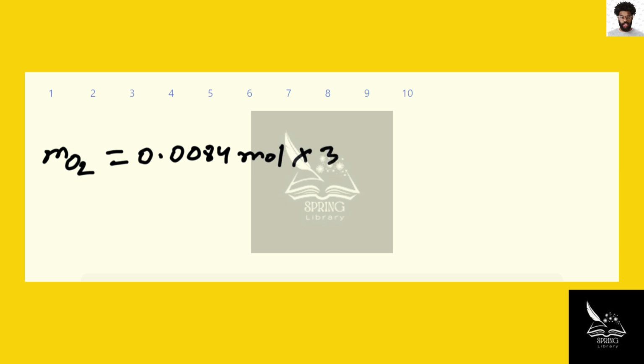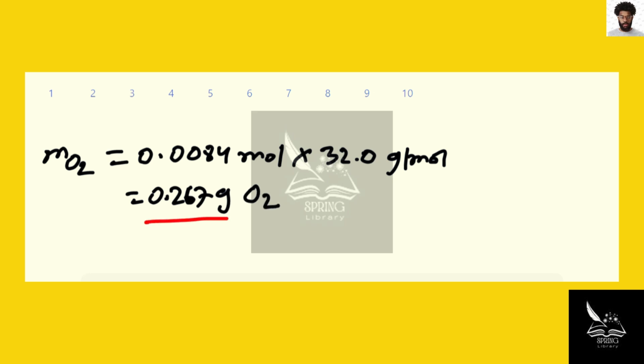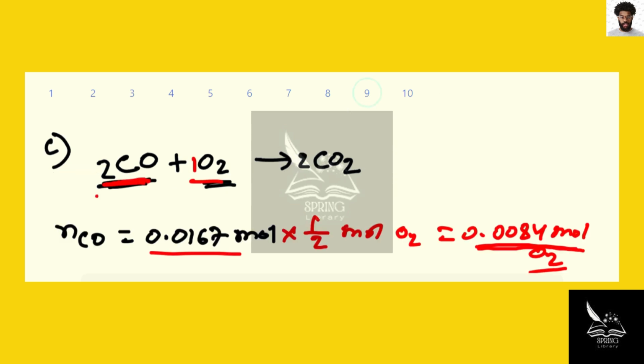For O2 it is 32 gram per mole, which will give us a value of 0.267 gram O2. So this is the mass of oxygen which we need in excess to convert all the carbon monoxide being produced to carbon dioxide.